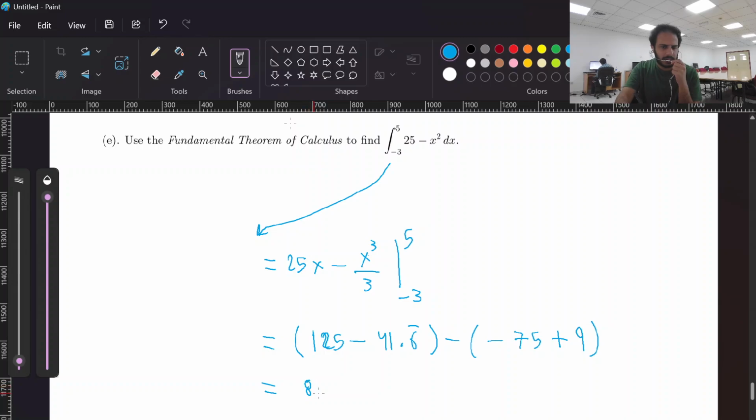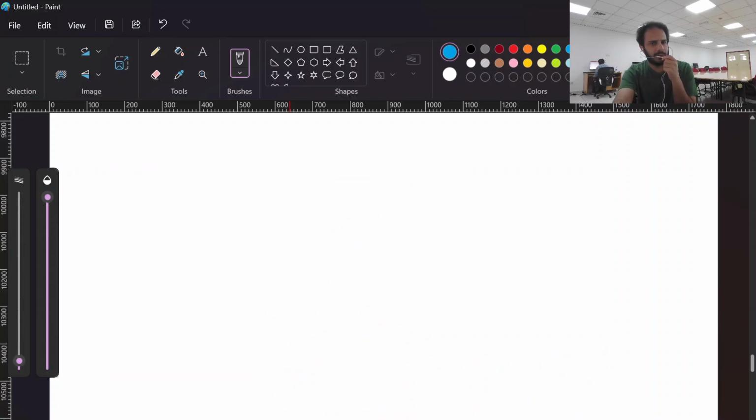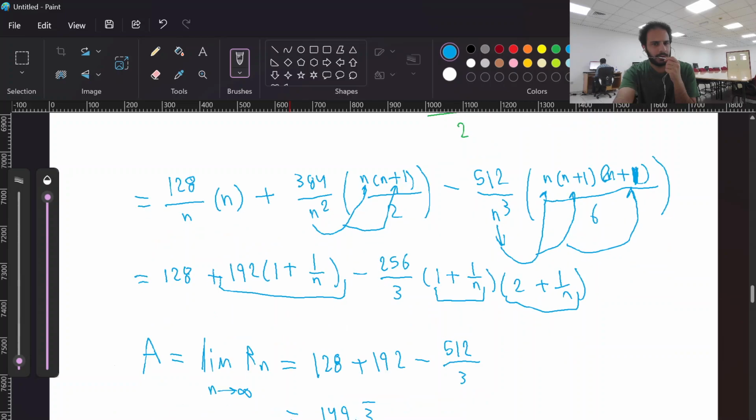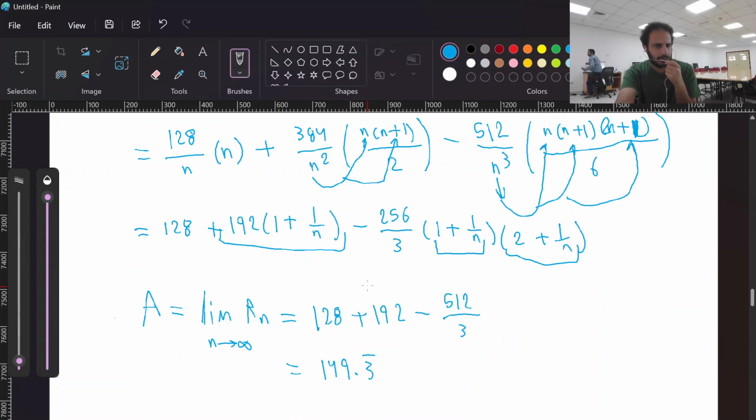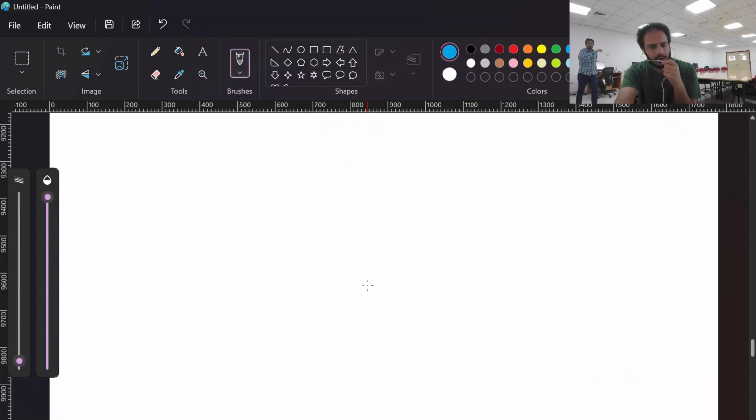So yes, good. 83.3 repeating plus 66. You get 149.3 repeating. So this is easier, right, than the limit of the right endpoints. We get the same answer, so everything is good.